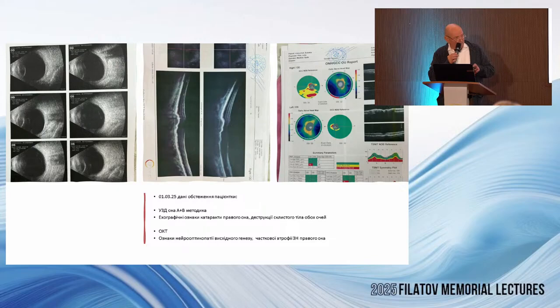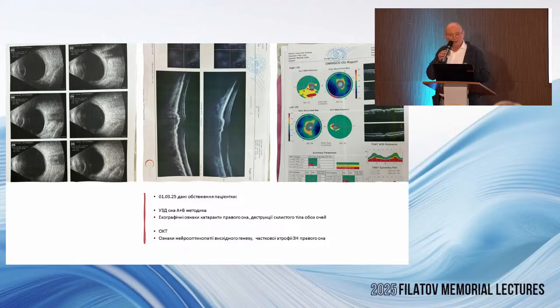Here are the images, later images. The ultrasonic imaging of the eyeball demonstrates age-related changes as well as partial changes of the retina. However, the optic nerve is practically undamaged.